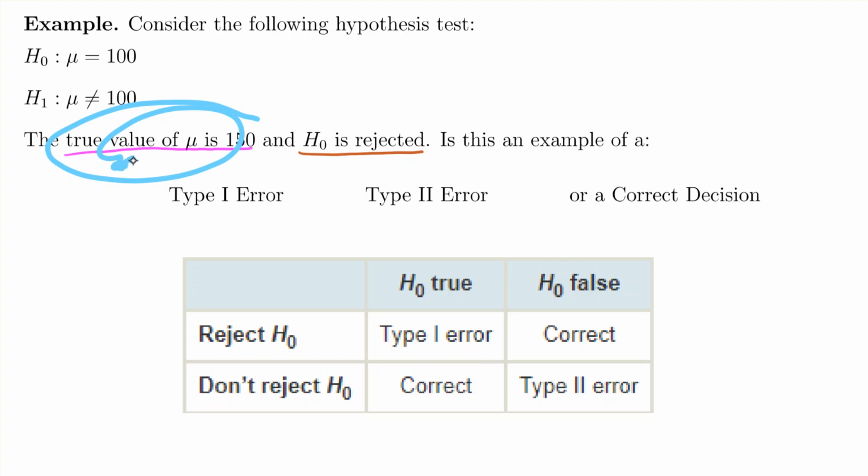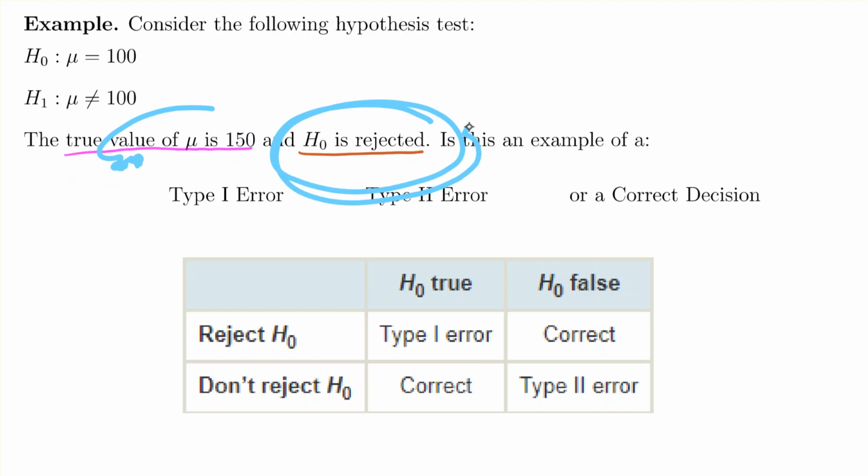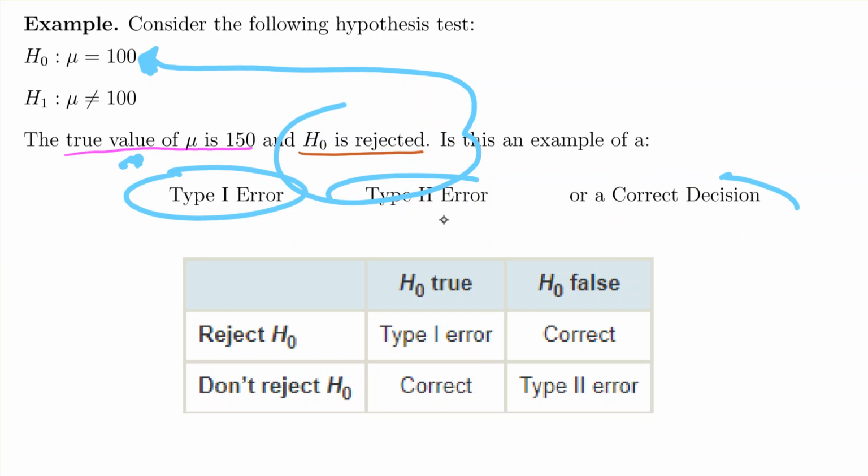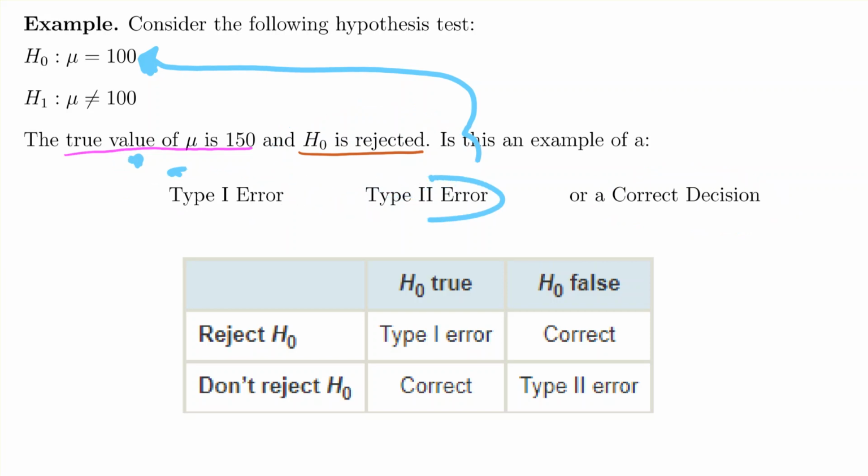The true value is that mu is 150. We also know that whoever ran this test ended up rejecting their H0. So they ended up rejecting that mu was 100. And we've been asked, based on these two pieces of information, is this a correct decision, type 1 error, or type 2 error?